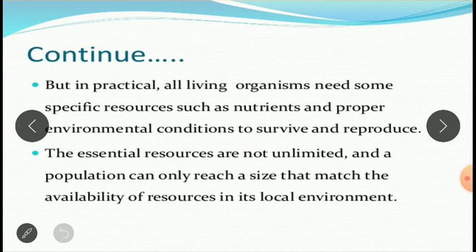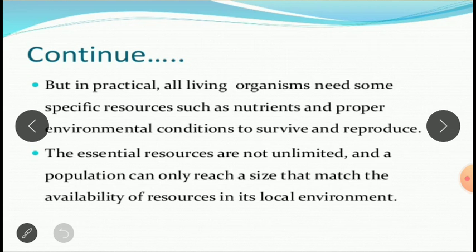Whenever I talk about an organism, suppose it is getting proper food, proper shelter, a proper place to live and all the facilities. That organism will tend to reproduce faster and the population goes on increasing.